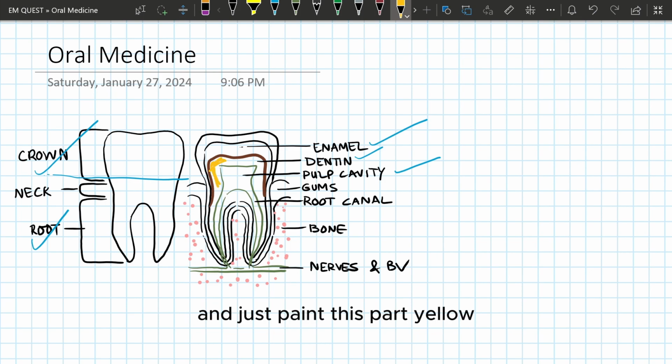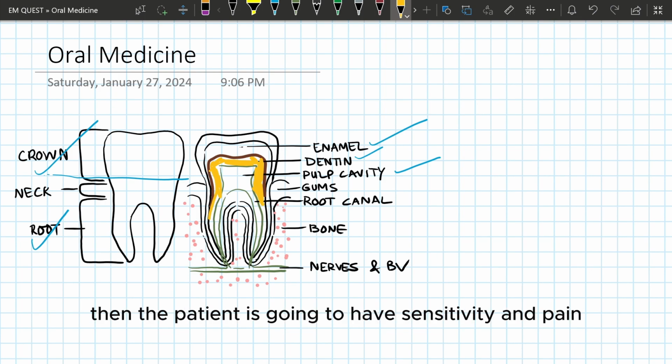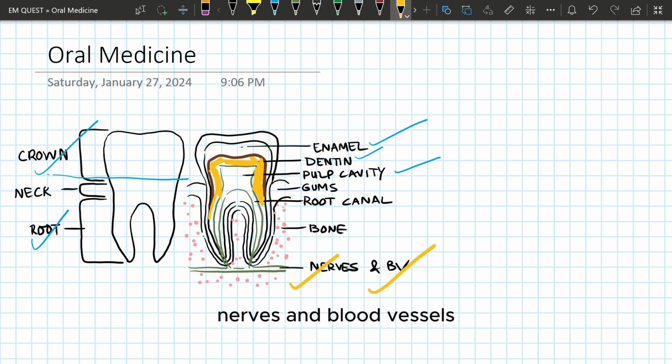I'll just paint this part yellow. It has a lot of microtubules in it that act like a cushion, especially when we are chewing. If dentin gets exposed for any reason, then the patient is going to have sensitivity and pain. The deepest part is the pulp, which carries nerves and blood vessels.